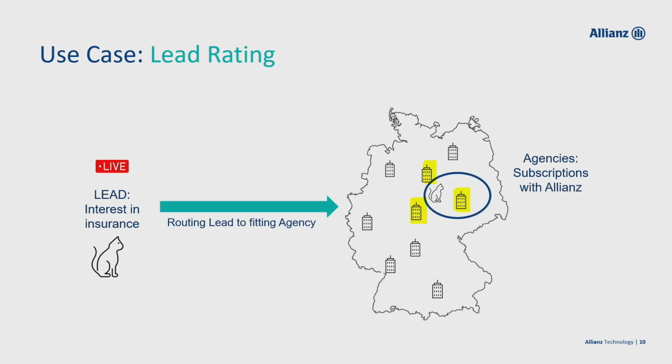And then hopefully we find the right agency that can provide Sven with the contract, the insurance he wants to get. But this is very simplified. We have live data of the lead in the use case, the geolocation, the whole portfolio of Sven's requests, and all the agencies with the different subscriptions. So it's very complex.